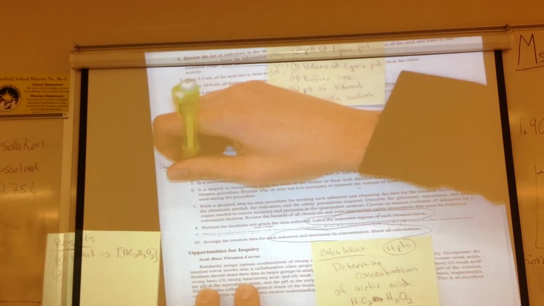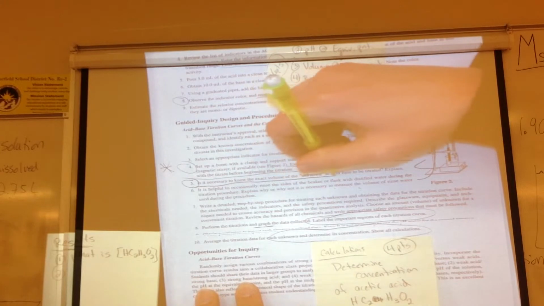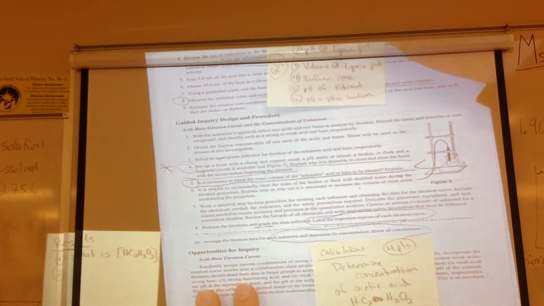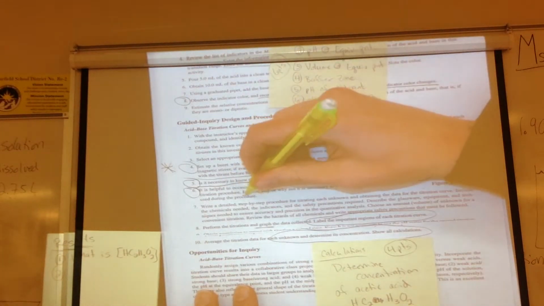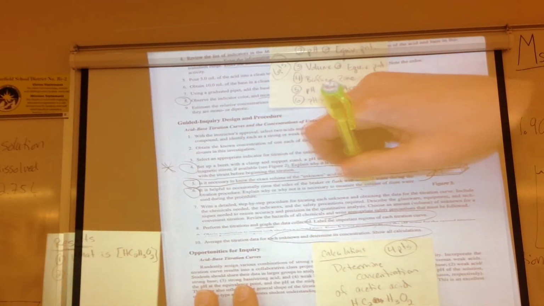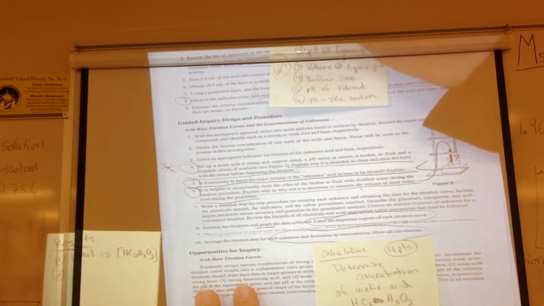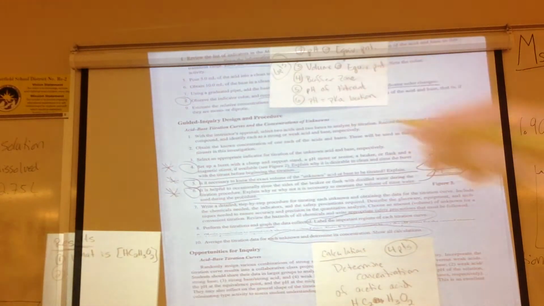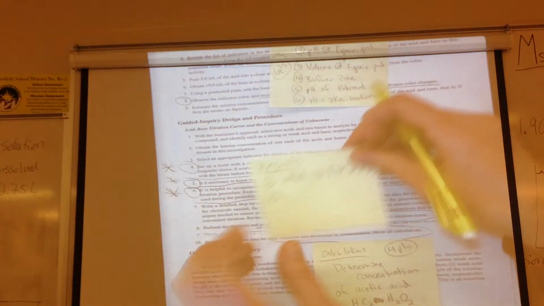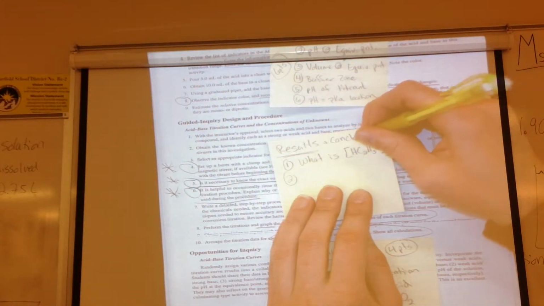I also want you to do number 5. Is it necessary to know the exact volume of the unknown? Explain. There's also one in number 6. Explain why or why not it is necessary to measure the volume when rinsing with water. So for those 3 questions, I would like you to put those in your results and conclusion.